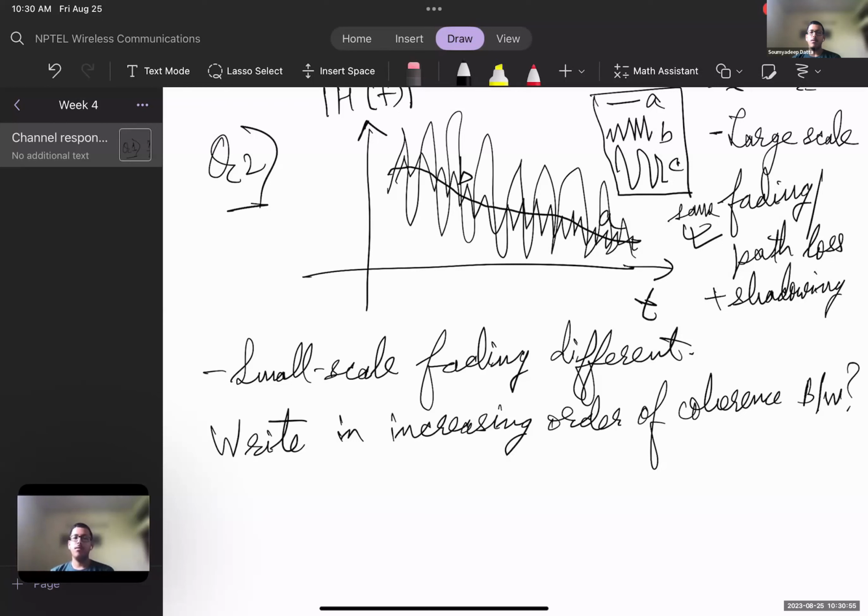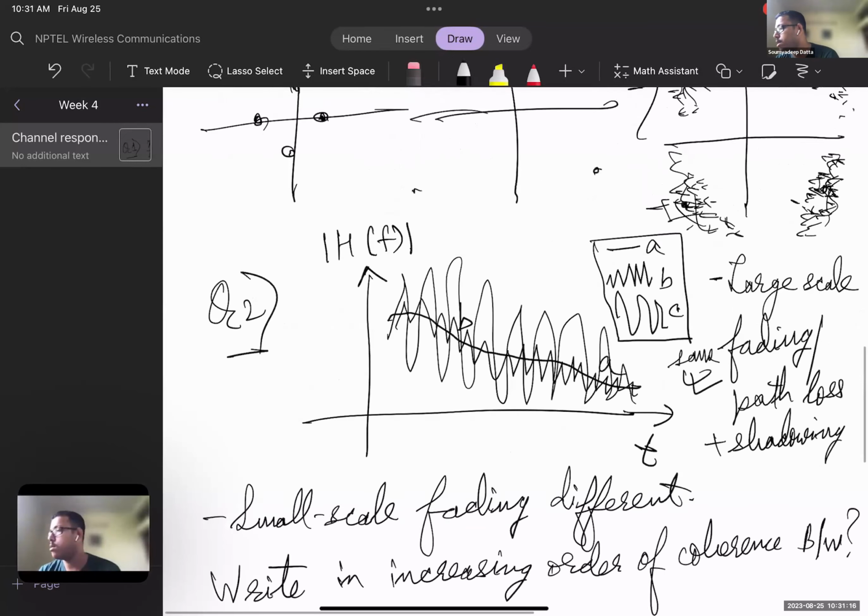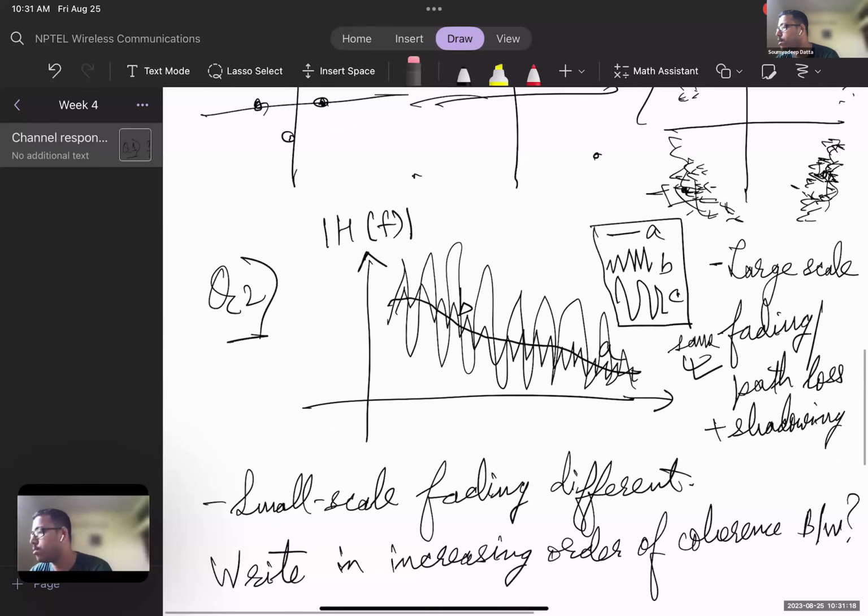So your question is that by coherence bandwidth, what we mean is, loosely speaking, how high does the frequency of sampling have to be to capture the signal appropriately? So this is a time varying impulse response of the channel. So how fast do I need to sample so that I can actually capture the behavior of the channel properly, right?